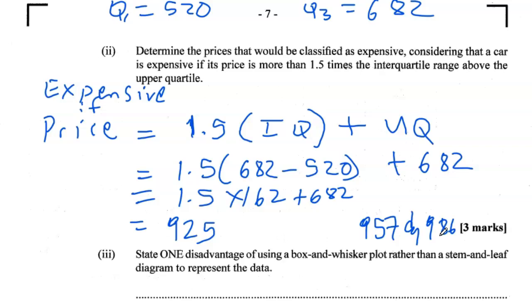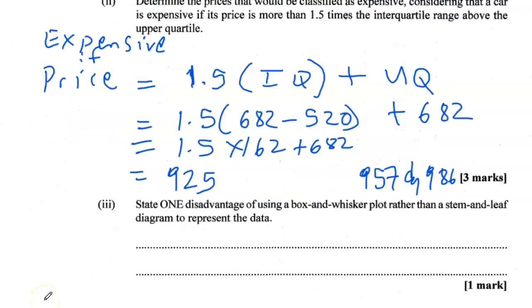State 1 disadvantage of using a box and whisker plot rather than a stem and leaf diagram to represent the data. There are quite a few disadvantages. One is that the stem and leaf would have all the individual values in the data set.